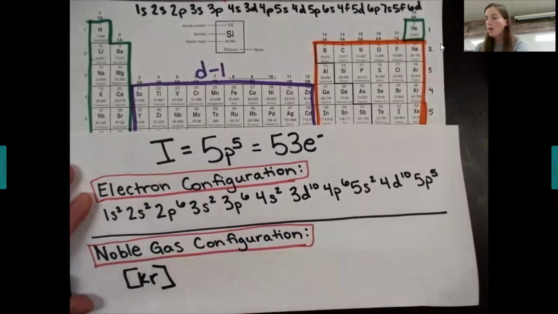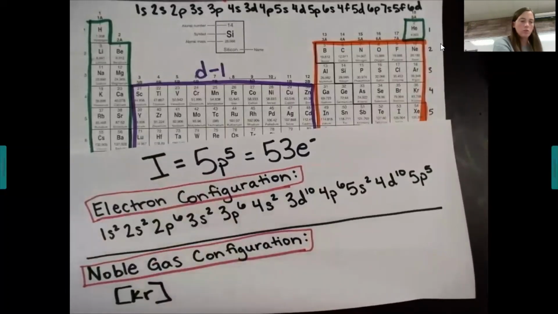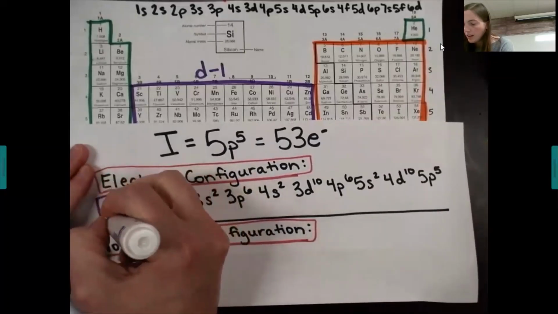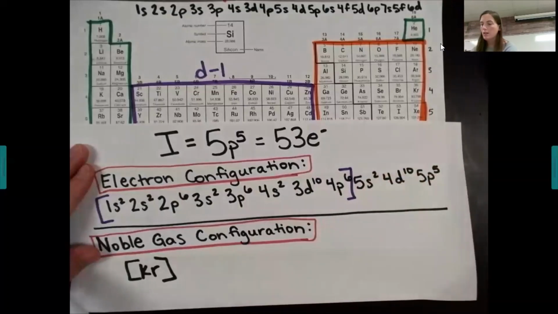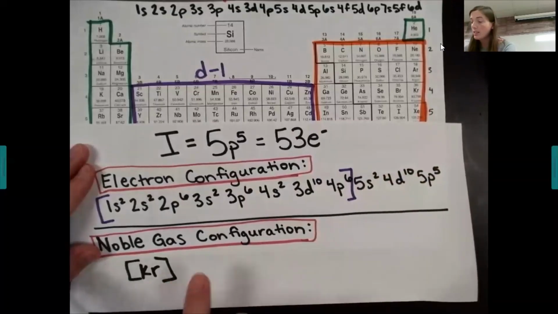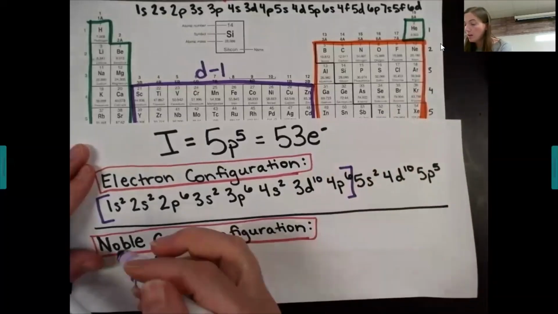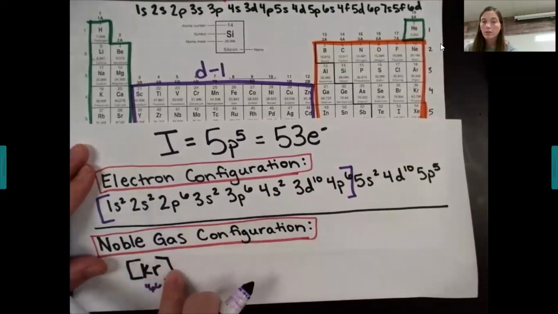By writing krypton like this, that's like saying we're going from 1s2 all the way to 4p6. Again, you can only do this with noble gases and the noble gas before the element. So krypton, which is 4p6, goes right here.